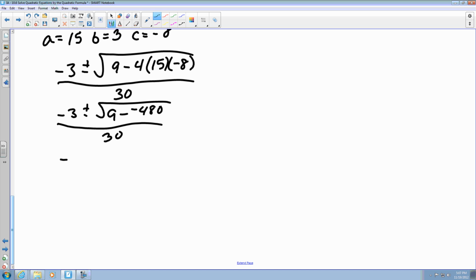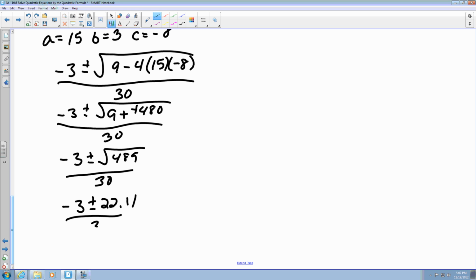So negative 3 plus or minus square root of, well, this gives me plus 489 all over 30, and the square root of 489 is about 22.11, so I got negative 3 plus or minus 22.11 divided by 30.